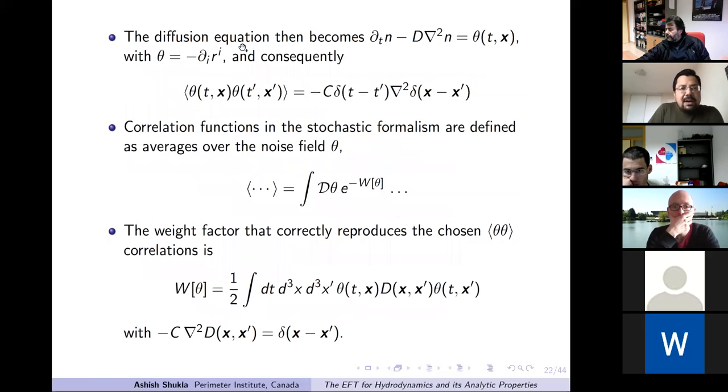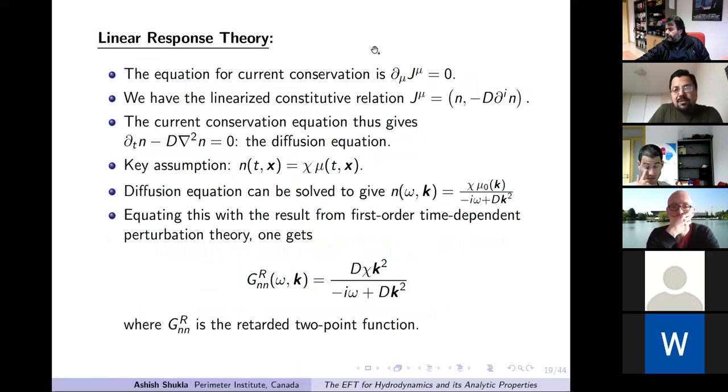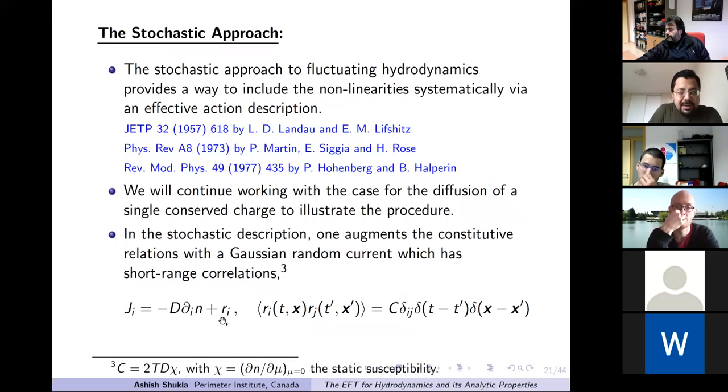Now with this R^i present, the equation of motion simply becomes del_t n minus D grad squared n equals theta, where theta is minus del_i R^i. This follows from the fact that my equation of motion is essentially del mu j mu equals 0. Del_0 j^0 still gives me del_t n, but when I take del_i j^i, I have this minus D del squared n, and now since I've put in R^i by hand, this del_i R^i will also enter.